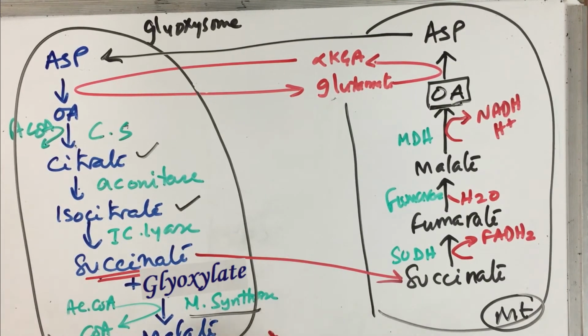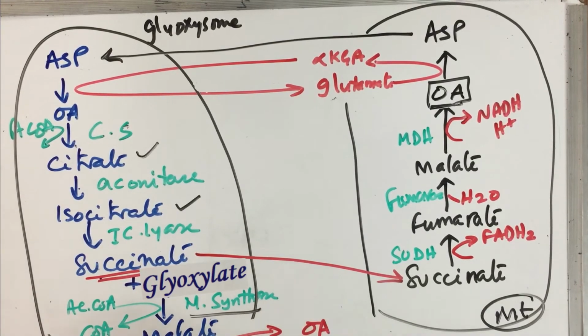Malate can be converted to oxaloacetic acid, very easily, using the enzyme malate dehydrogenase. And you know from our earlier videos that oxaloacetic acid can be a starting material for gluconeogenesis.